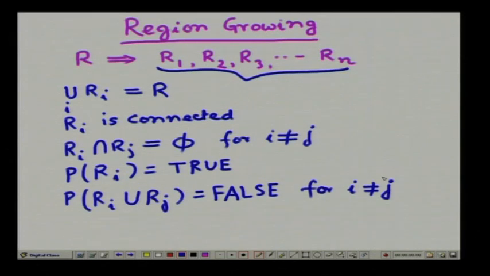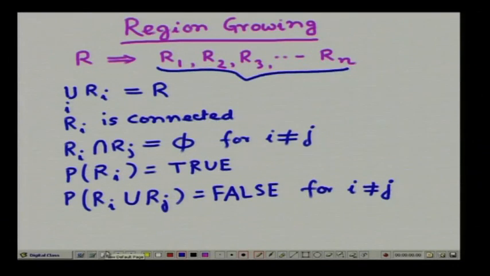What does it mean? If I define a predicate for the pixels belonging to a particular region, then the predicate must be true for all the points belonging to that region. And if I take points belonging to 2 different regions R i and R j, then the predicate over this combined set R i union R j must be false. So, this is what says the similarity. All the points belonging to a particular region must be similar, and the points belonging to two different regions are dissimilar.